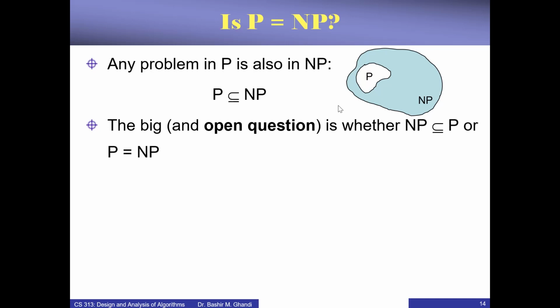So far, unfortunately, nobody has been able to prove either way. Nobody has been able to prove that yes, there is such a polynomial solution, and also nobody has been able to prove that there is not. So it remains an open question.